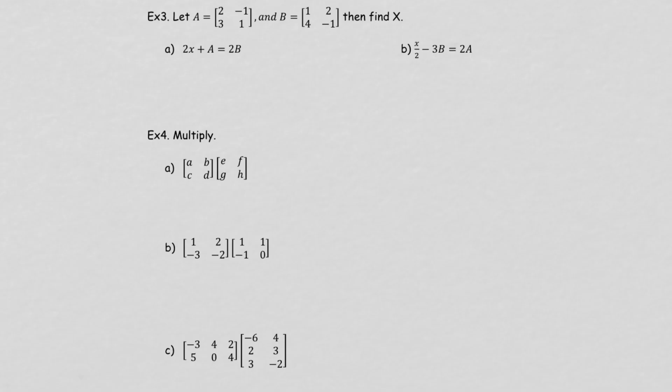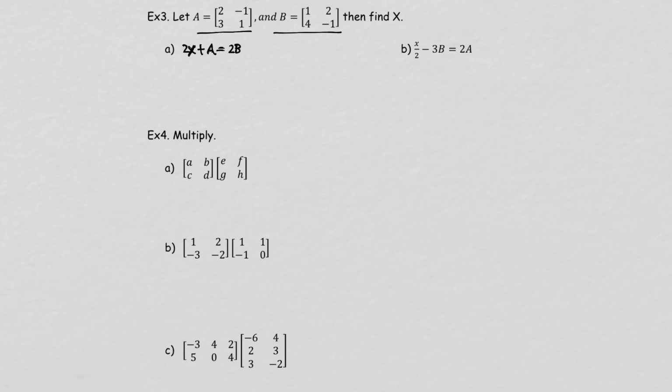Using that, what if we have equations? If we have an equation like 2x plus A equals 2B, where A is a matrix and B is a matrix, you can either plug in the matrices or solve the equation for x first, and then work on the matrices.